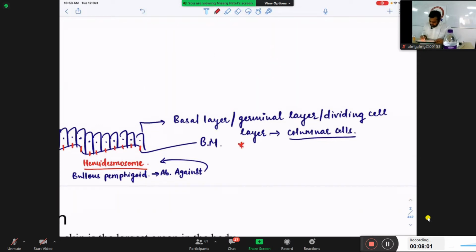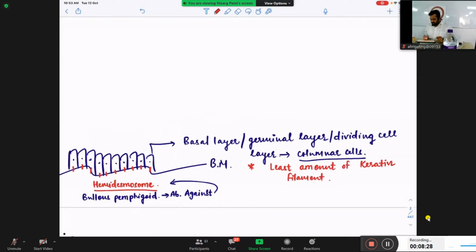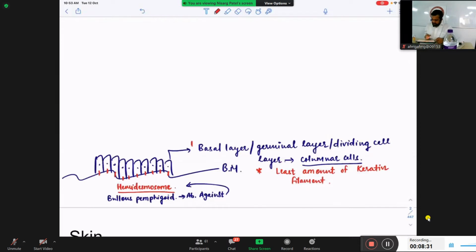Important point here is this cell here has the least amount of filament. Basal layer. So this is the first layer.